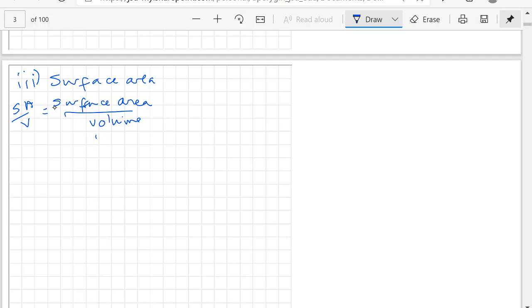Okay, so first we got to calculate the surface area. I'll just abbreviate that as SA. So surface area is equal to 2 pi r squared plus 2 pi r h. Okay, so why is it equal to that?